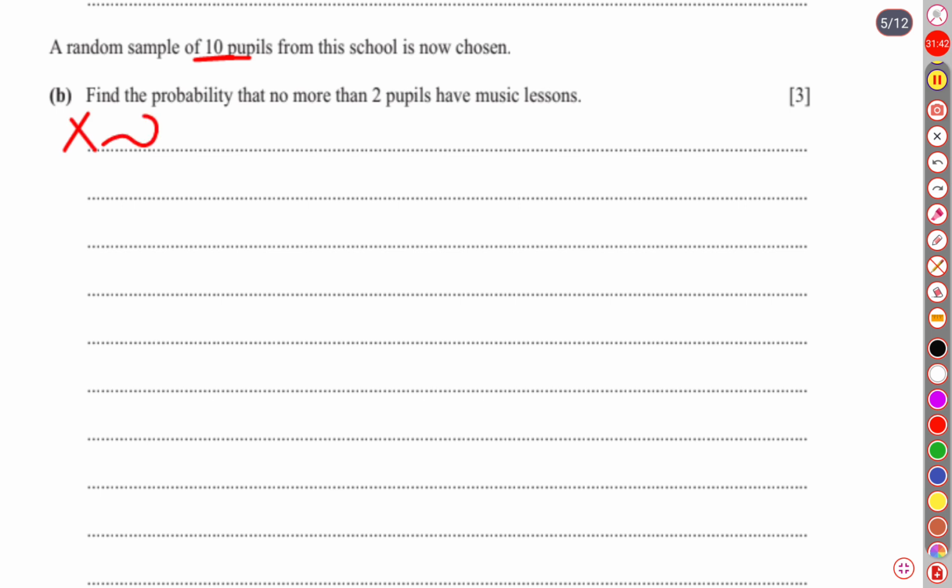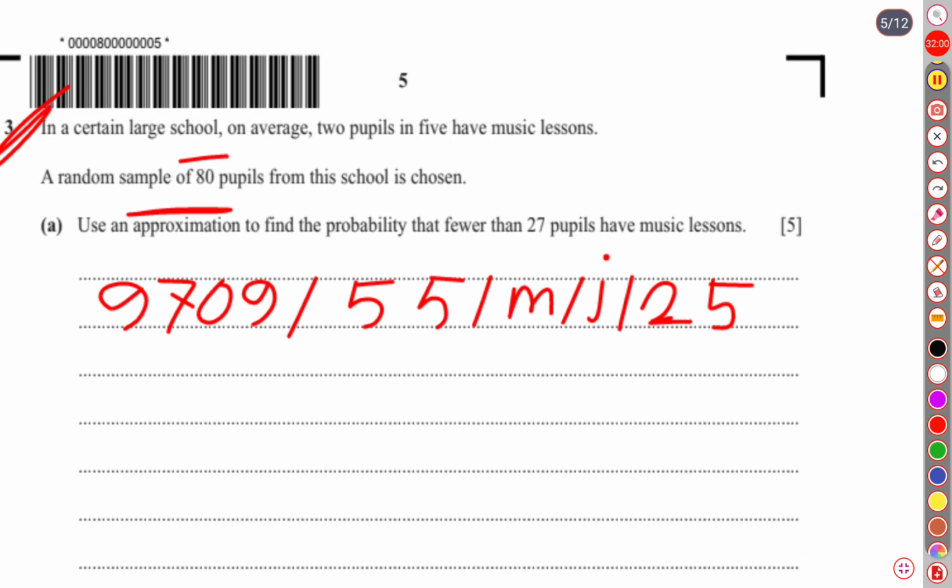X belongs to binomial distribution, and for binomial distribution the parameters are the total number of experiments as well as the individual probability. Let us find the probability of students who took music lessons. For music lessons it is written every 2 out of 5. That means 2 out of 5 is 0.4.